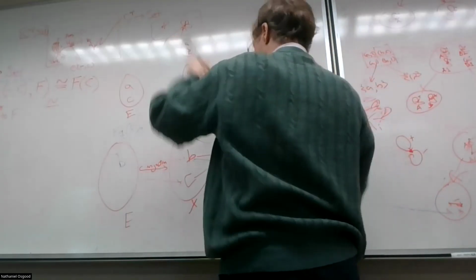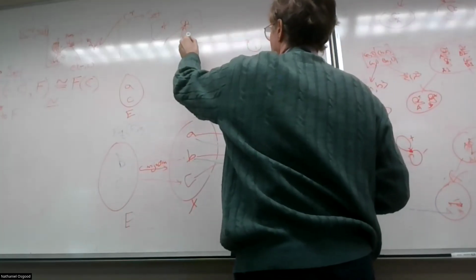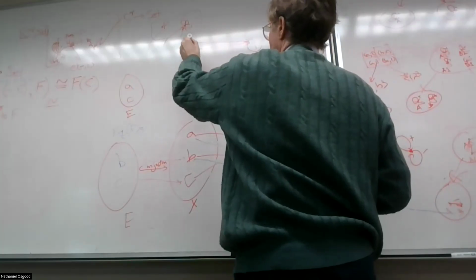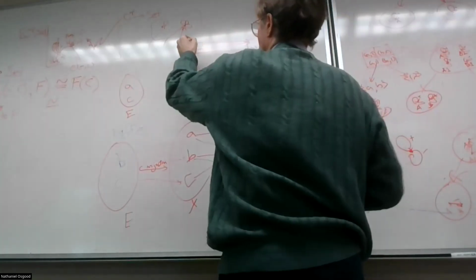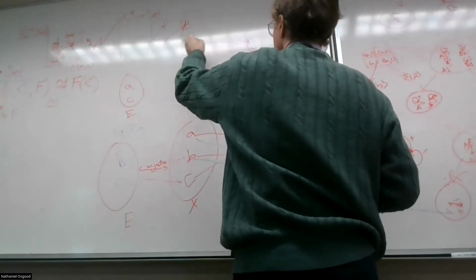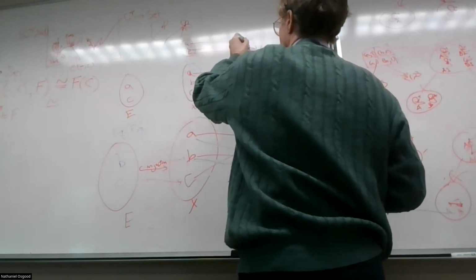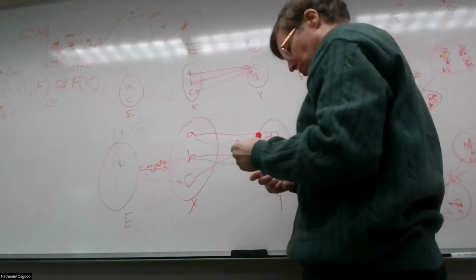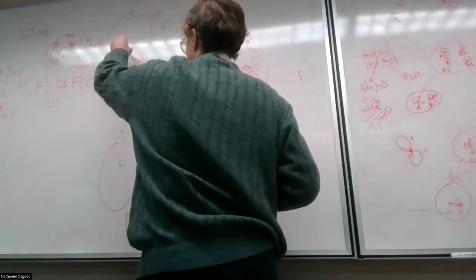What if F and G are the same? What if they both look exactly like this? F and G both map A and B to 0 and C to 1. What's the equalizer of those two functions?